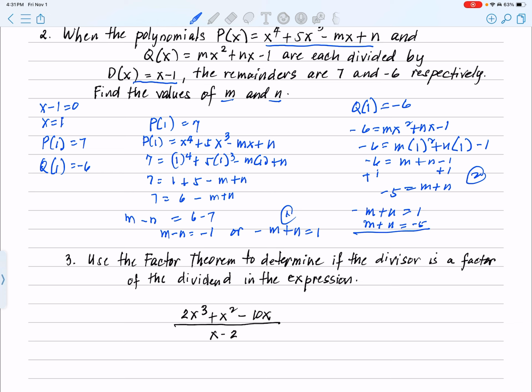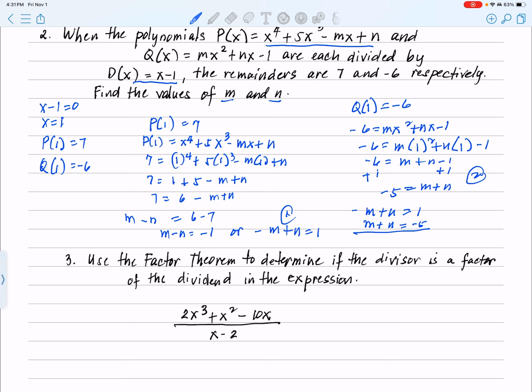So once we know the value of n, we could have the value of m. Say m plus n equals negative 5. So m plus negative 2 equals negative 5.